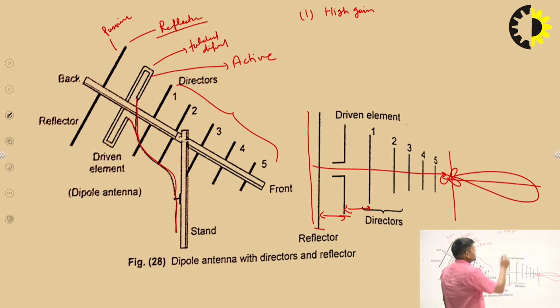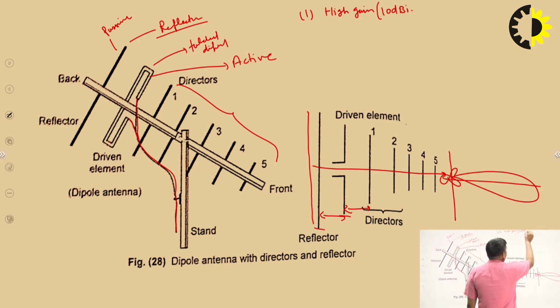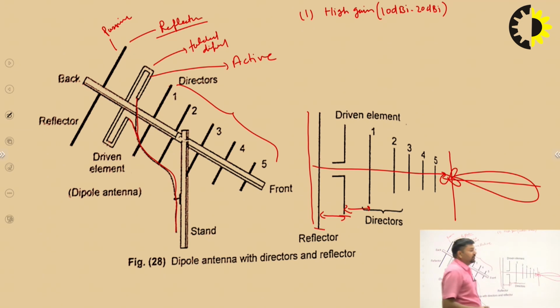You can also calculate the gain with respect to the dipole antenna, which is dBd. The gain is enhanced by 2.16 dB with respect to the dipole, so you can also calculate the gain of any antenna with respect to the dipole antenna.